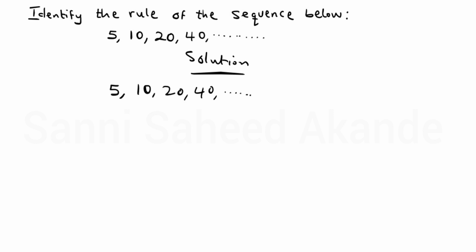Take for example this first term, 5 times 2 is 10, then 10 times 2 is 20, 20 times 2 is 40, 40 times 2 will give us 80, and so on and so forth. So therefore the rule is to multiply each term by 2. So multiply by 2, that is the rule.